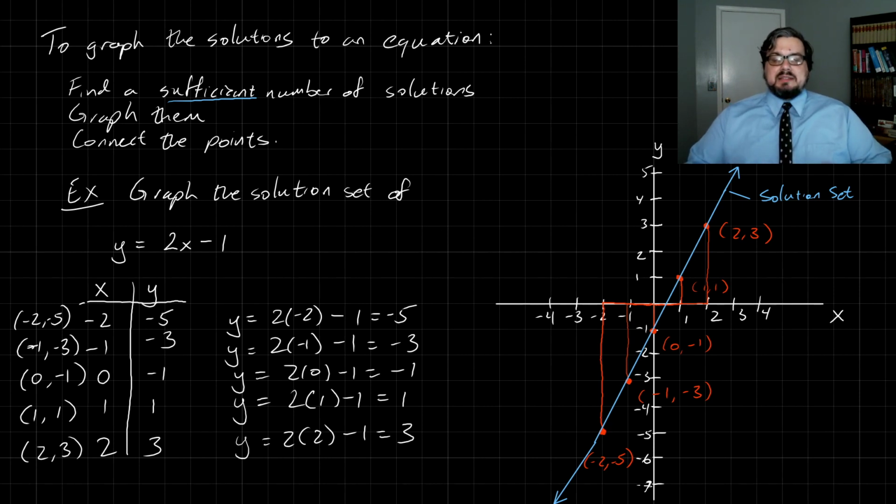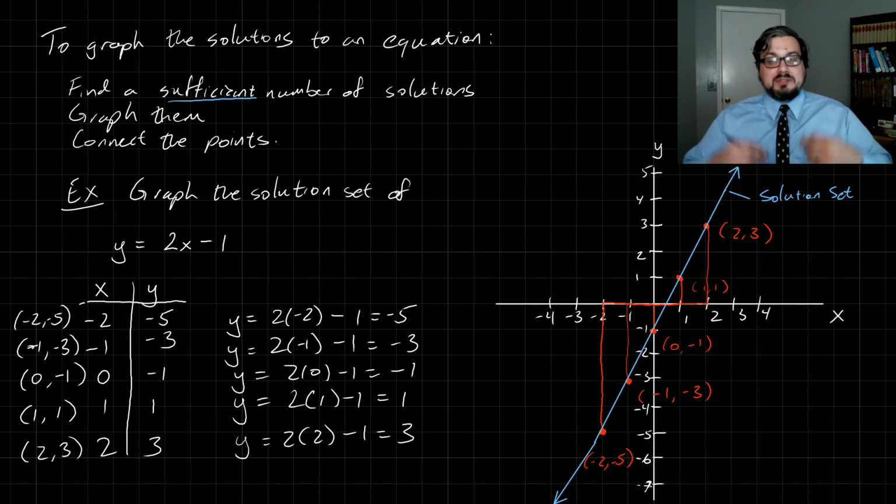To say that this line is the solution set, or contains all the points corresponding to the solutions of the equation, means 2 things. It means that every point on the line is a solution to the equation.